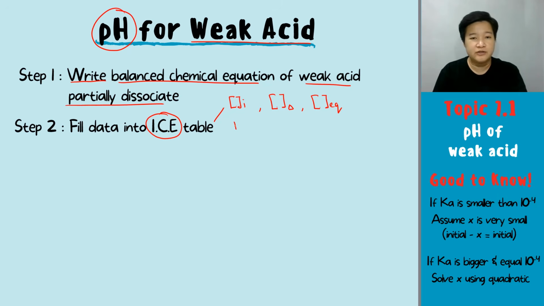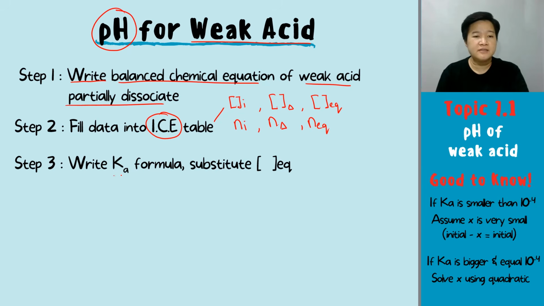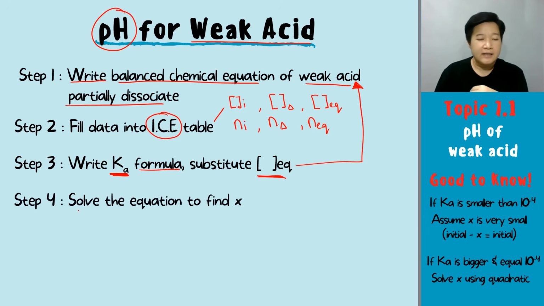Of course, you can use the number of moles, also acceptable. And for the weak acid, we need to have the formula of your Ka by using the chemical equation that you wrote in step 1. So by using that chemical equation, you write your Ka expression and substitute in the concentration at equilibrium. Then you solve the mathematics to find the X value, the unknown value that we are looking for in your ICE table.